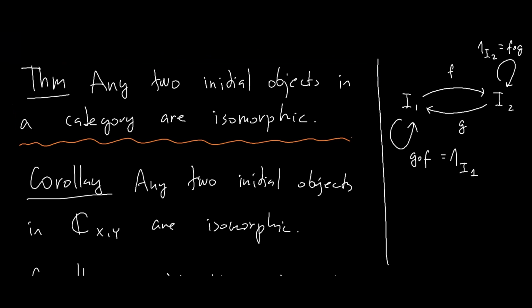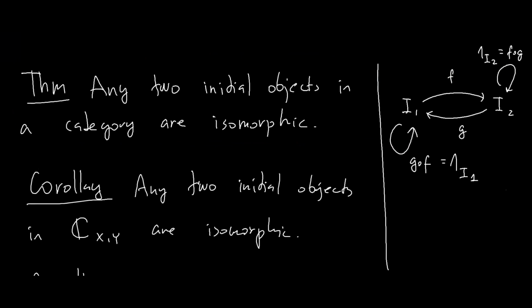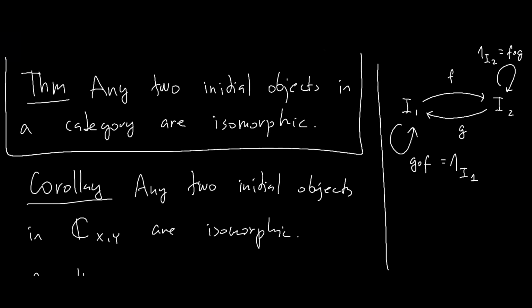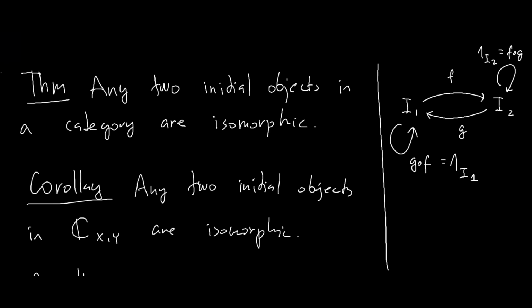And to illustrate this, let me give two examples of how we can apply this theorem to two important number systems. One will be the natural number system, representing a natural number system as an initial object in a certain category. It will be a different one to the one we constructed here for the sum. And the other will be the complex number system.